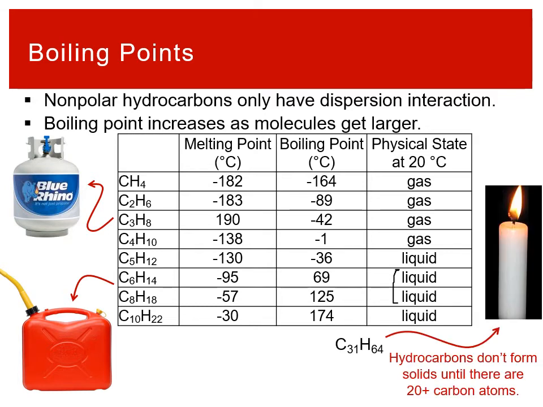This can keep going. When you go to C31H64, that's a really big molecule, and it becomes a solid at room temperature. That's candle wax, C31H64. So even though these hydrocarbons only have dispersion, if they get really big, there are a lot of electrons in those molecules, and you can drive really strong dispersion interactions that lead to the formation of solids and liquids.